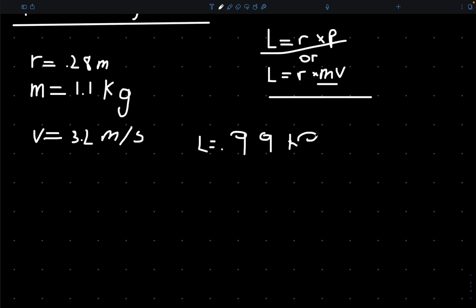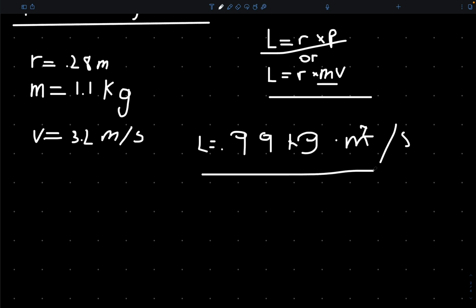Kilograms, what is this? Sorry. Kilograms multiplied by meters squared. This is squared. Sorry for the inconvenience. Per second. That's our angular momentum.